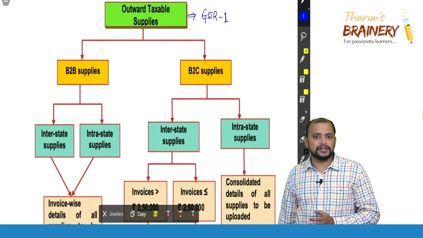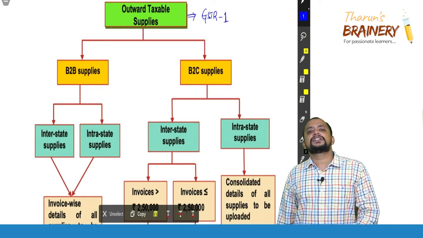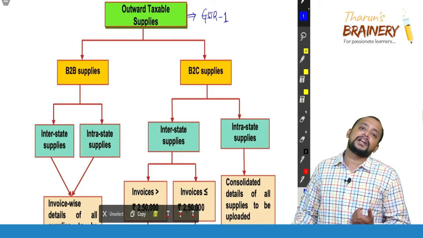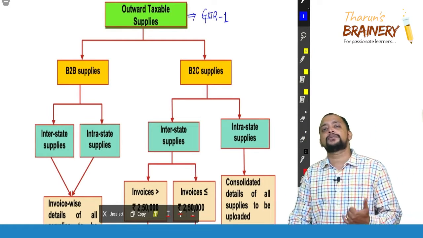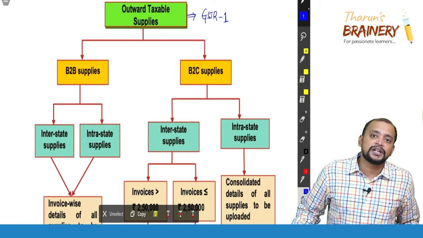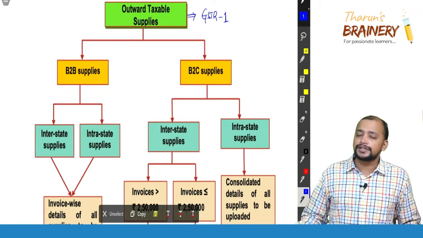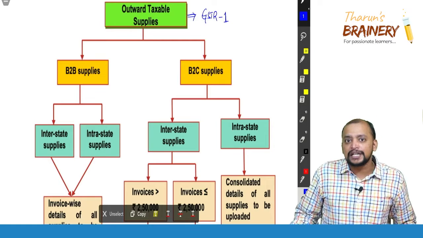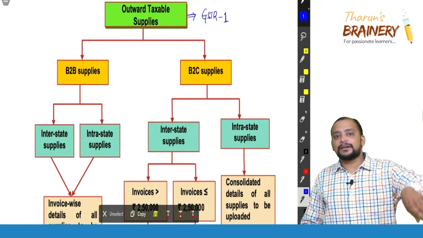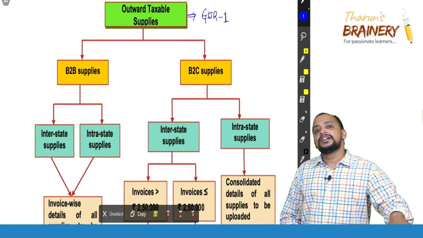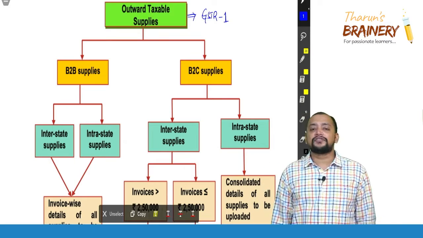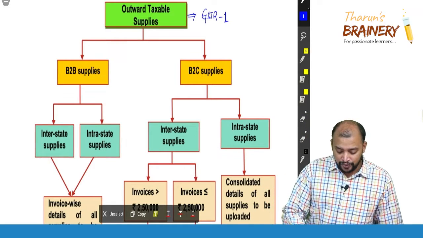Now B2C means what? Recipient is unregistered. Sir, how will the supplier know whether the recipient is registered or unregistered? If the supplier gets the information about the recipient, then the recipient is registered. If the supplier doesn't have any information, then it is deemed to be unregistered. So if it is B2C and it is interstate supply, if the value of the invoice exceeds 2,50,000, we need to report it invoice wise.